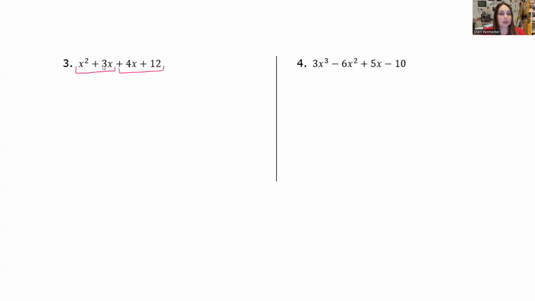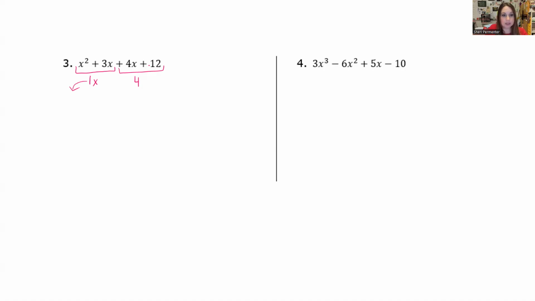The biggest number I can pull out is a 1, and then I have 2 x's and 1 x, so the most I can pull out is just an x. For my second group, 4 and 12, the biggest number that goes into 4 and 12 is 4. The 12 doesn't have an x, so I'm not going to pull out an x.